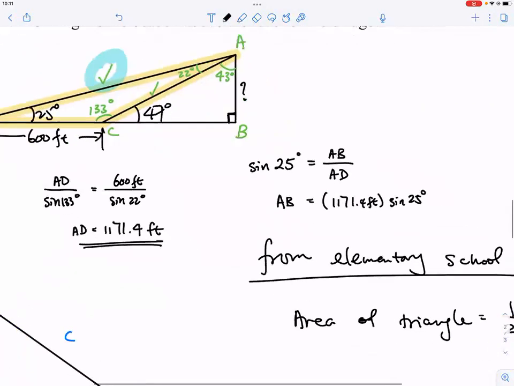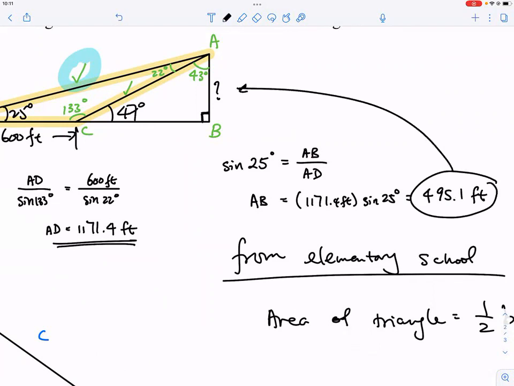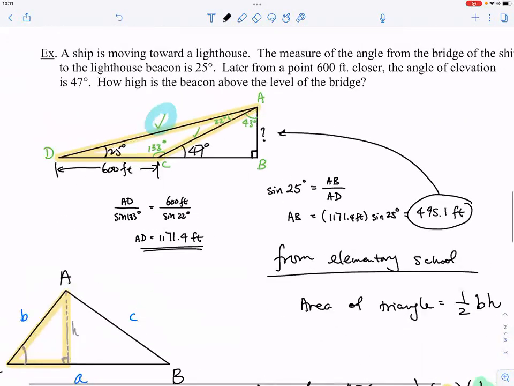So this one is using some very basic trig function, and that is 495.1 feet. That's the height of the lighthouse.